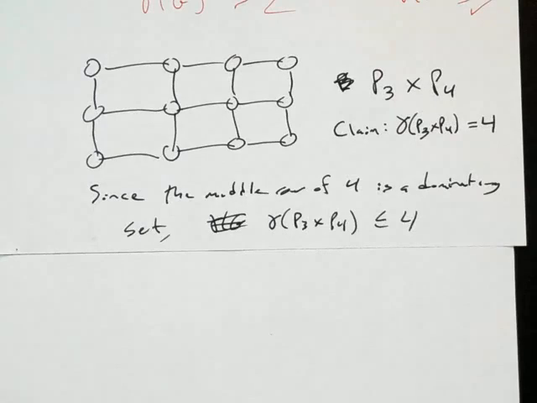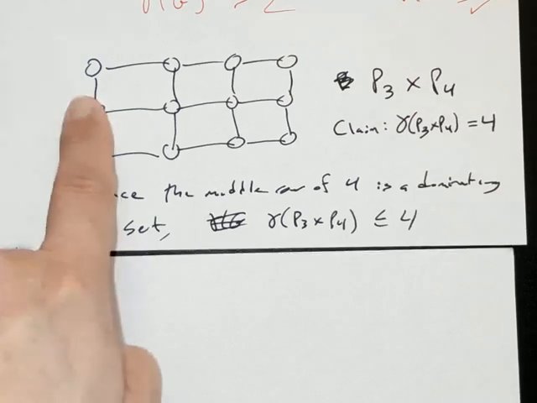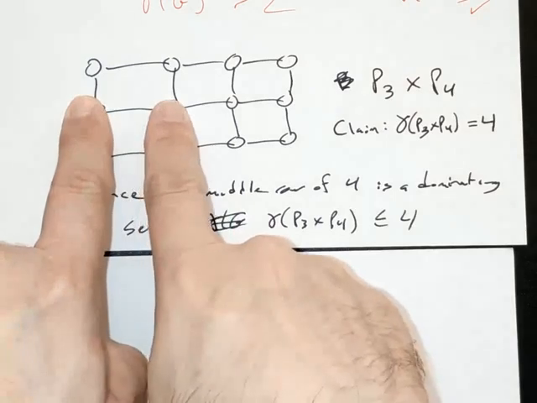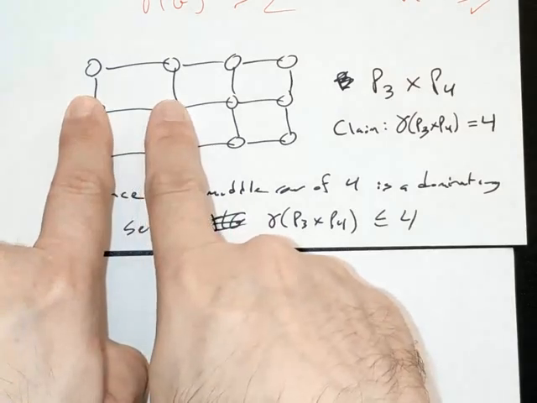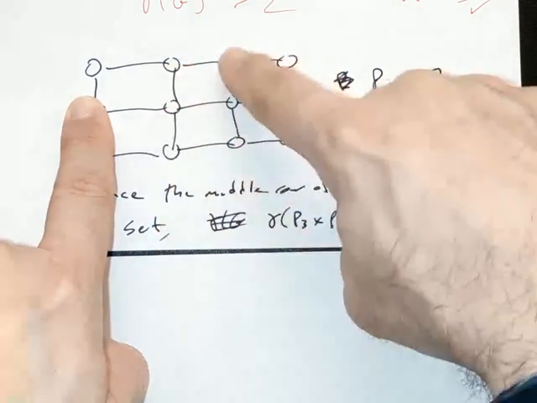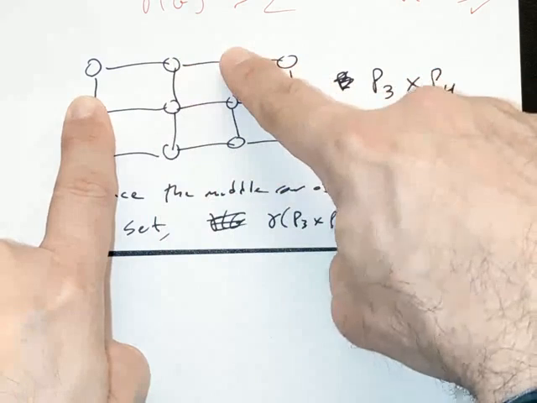Now, I started the same way you did. I said, hey, wait a minute. If I start in the middle over there, then I don't need the one in the middle next to it, do I? Because that's dominated by the one on the end in the middle. So if I use this vertex in my dominating set, I'm not required to keep this one. And if I use this one, then I'm going to miss here. So let's use this one.